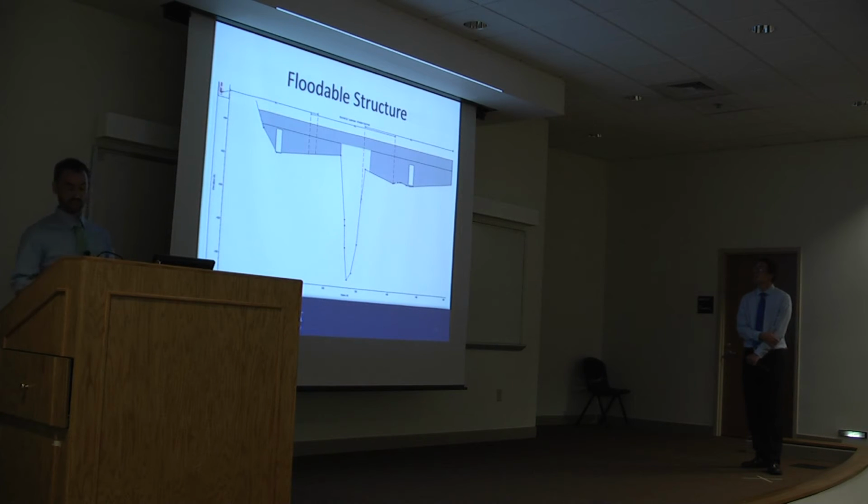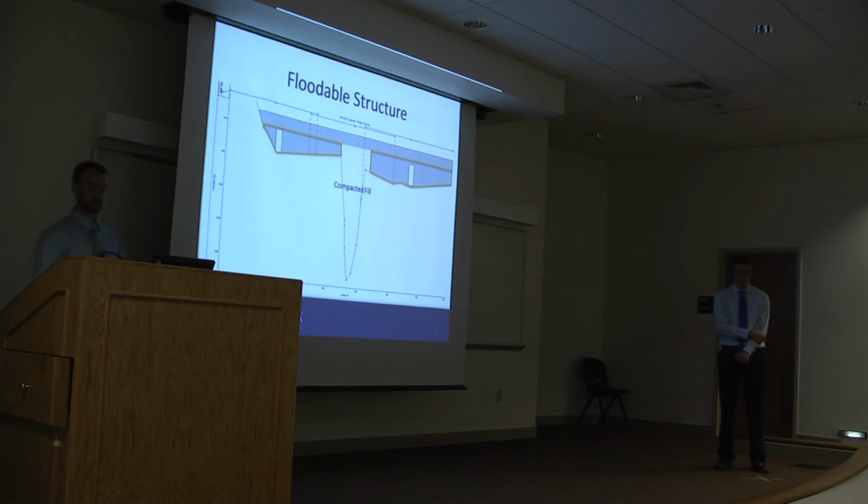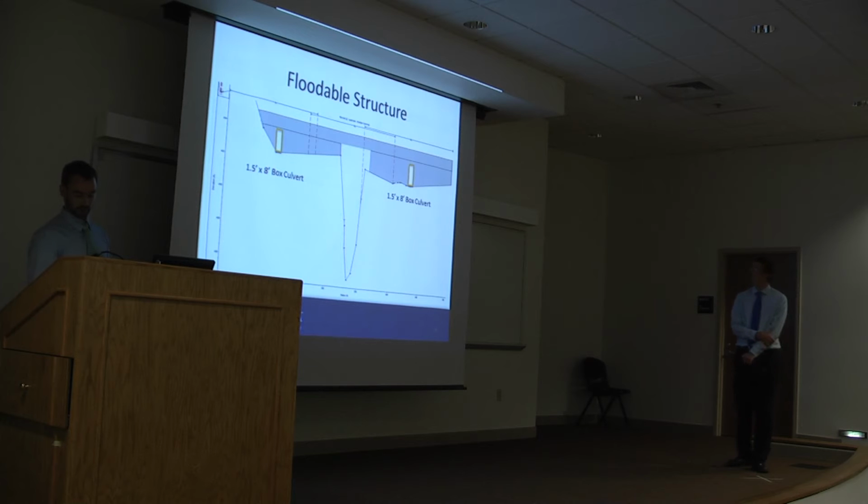This is a zoomed in picture of our model in HEC-RAS here. Highlighted is the roadway and deck of our floodable structure, and it had a span of 38 feet. With the compacted fill, which is highlighted there, you see is actually outside of the channel. And those are the relief culverts.